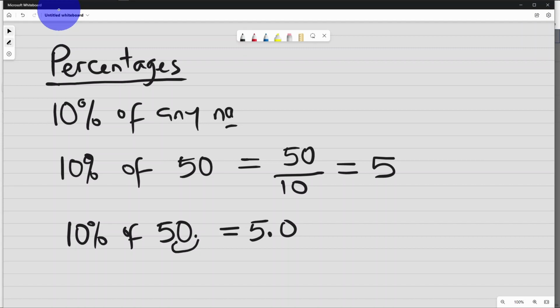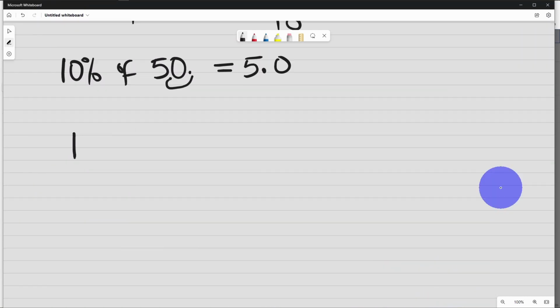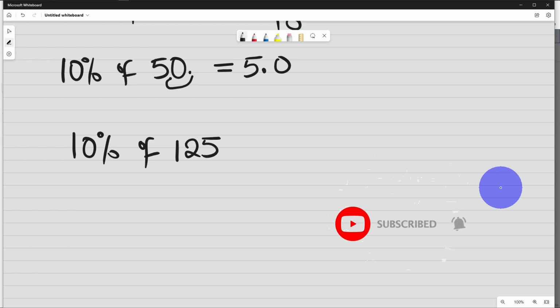So finding 10% of any number is very simple. Let's take an example, 10% of 125. Following the method I just said, if you shift the decimal point from this side to here, then 10% of 125 will be 12.5.